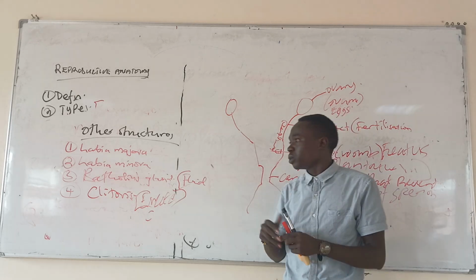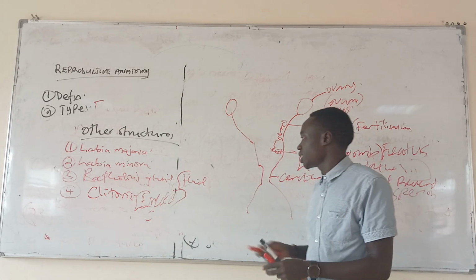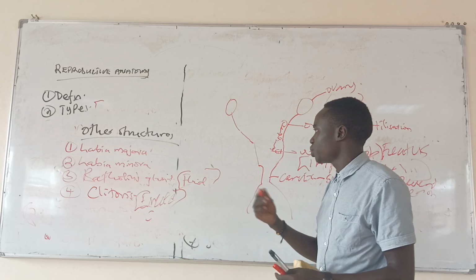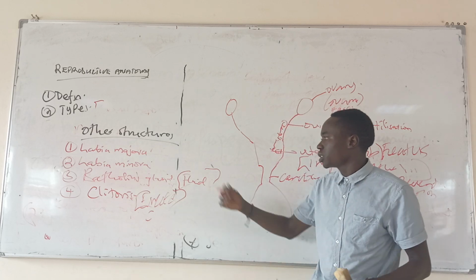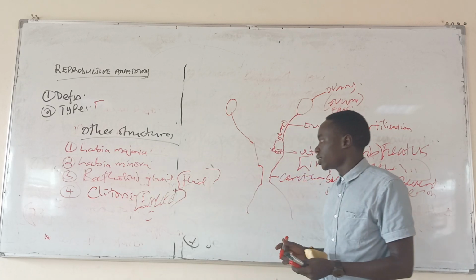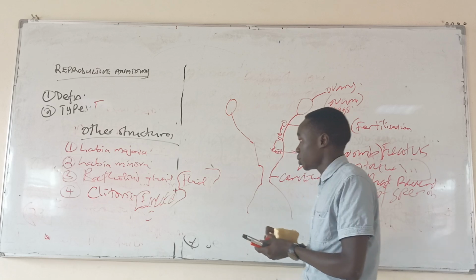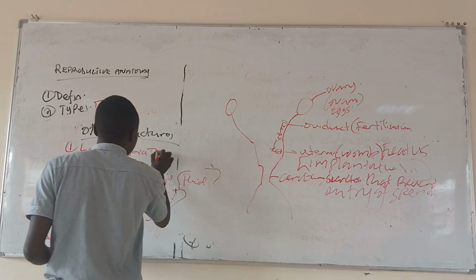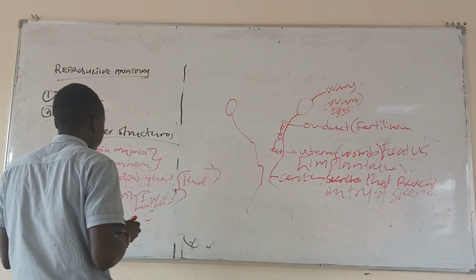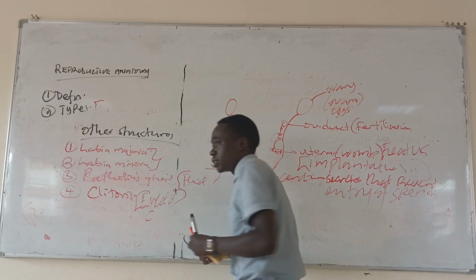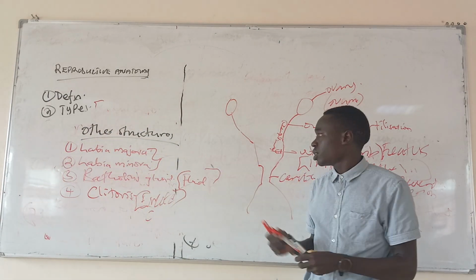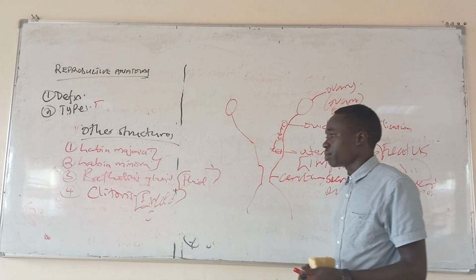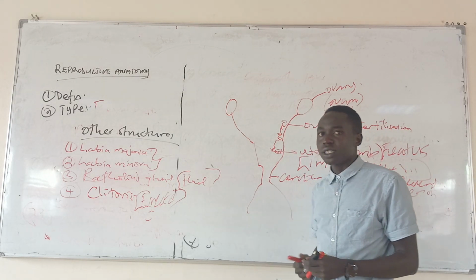In our local understanding, we see some women have much fluid, we refer to it as water, but the right term to be used is fluid. Then the labia minora and labia majora are accessory organs which also play a part in reproduction. So that is all with the reproductive system and their structures.